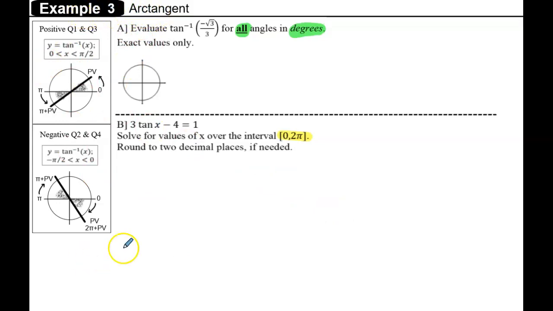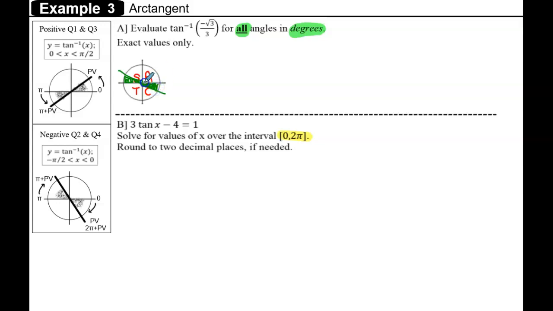In example 3a, we're asked to evaluate the arctangent of negative square root of 3 over 3 for all angles in degrees. So recall our acronym, all students take calculus, and the tangent is negative in quadrants 2 and 4. So we're going to have a solution here in quadrant 2, and then another solution here in quadrant 4.